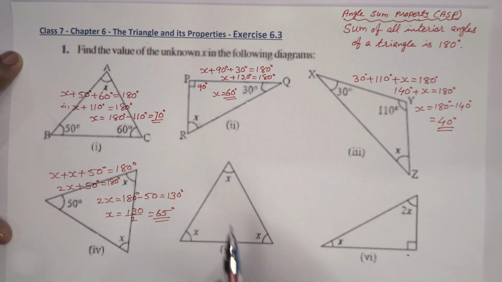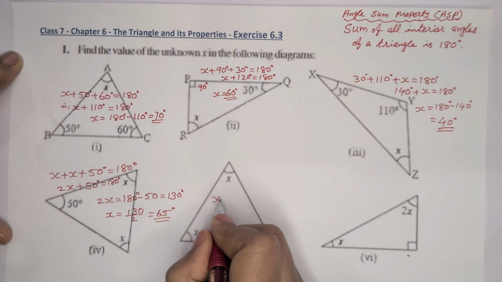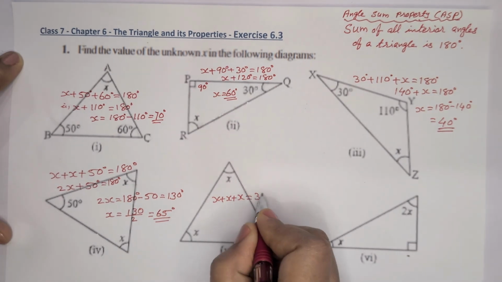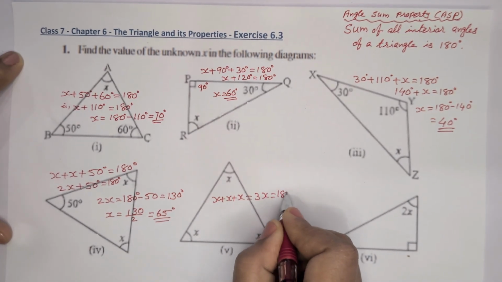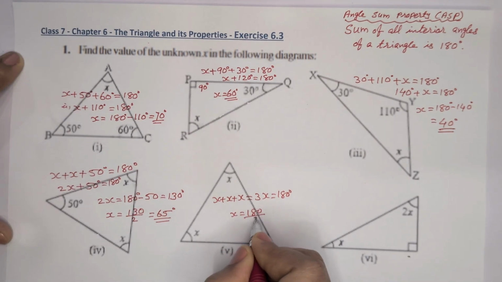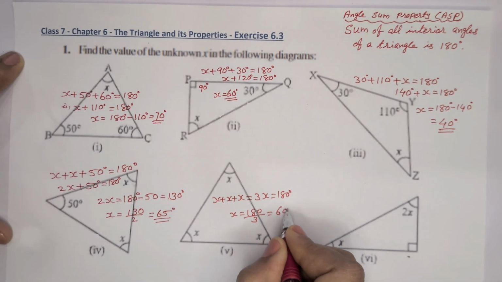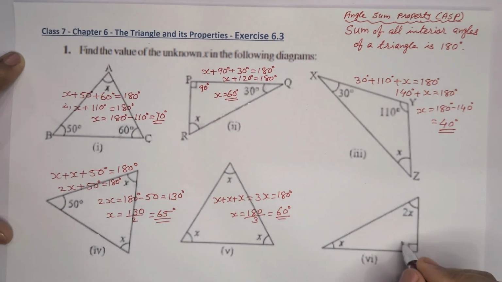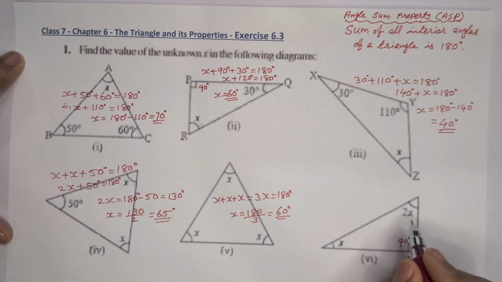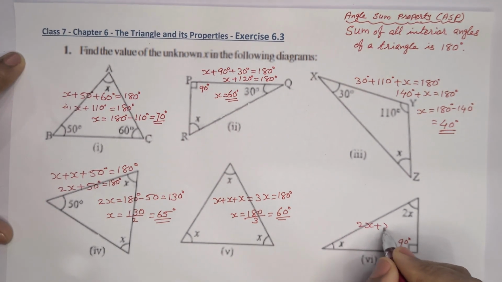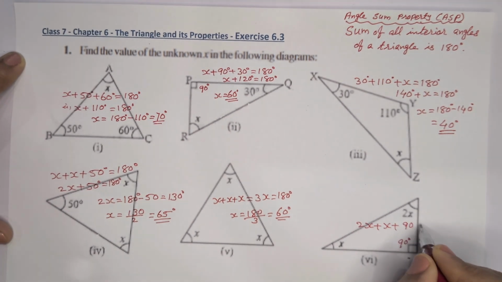Here all three angles are x, that means x plus x plus x, which is equal to 3x, that is equal to 180 degrees. From that, x is equal to 180 divided by 3. That means 60 degrees. So each angle is 60 degrees. Here this angle is 90 degrees and the other ones are 2x and x. So we can write 2x plus x plus 90 is equal to 180.